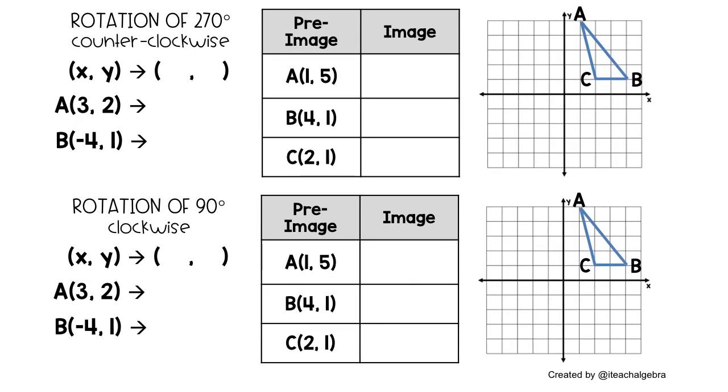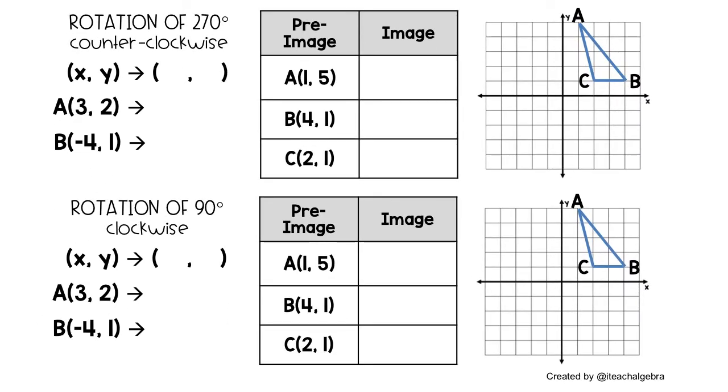All right. Rotating 270 degrees counterclockwise. 270 degrees is 3/4 of the way around the circle.